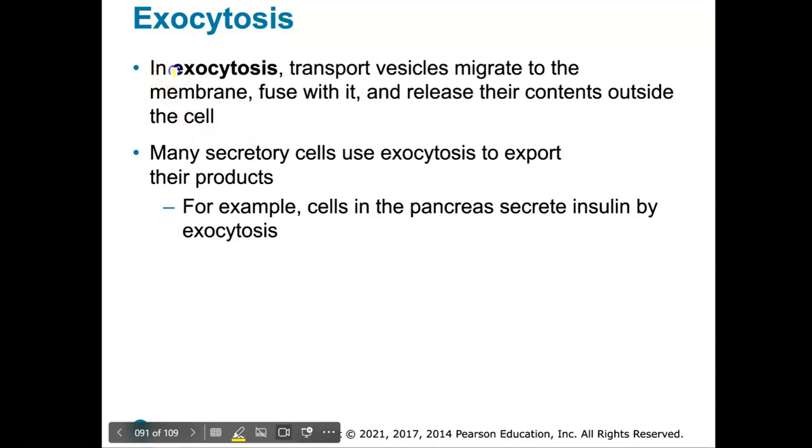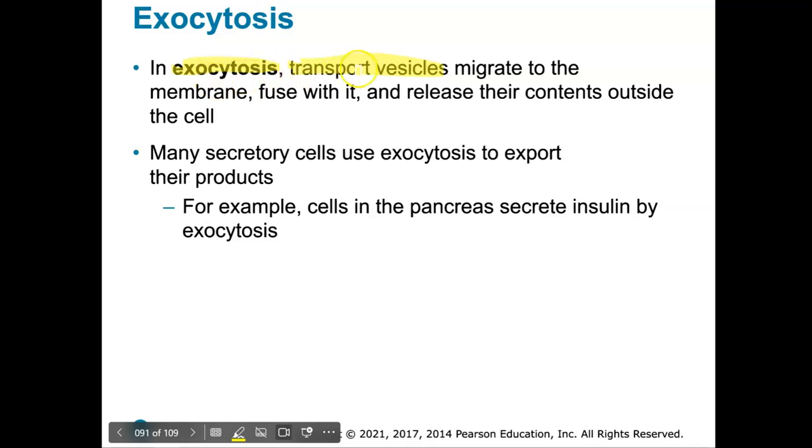And if the material is being transported out of the cell, then we call it exocytosis. A transport vesicle inside the cell basically contains a substance to be released outside the cell. So it moves to the plasma membrane and fuses with it, and then opens up and releases its contents outside the cell.